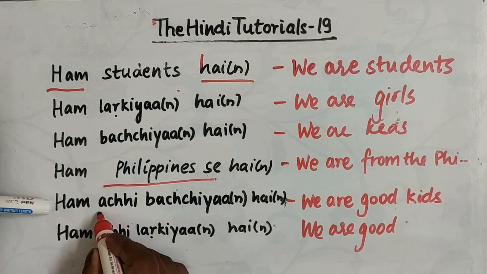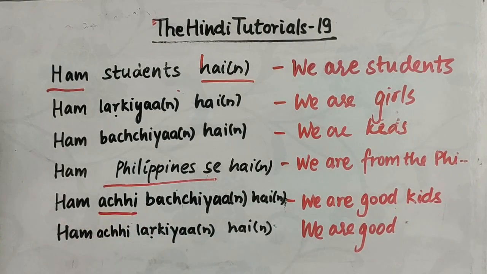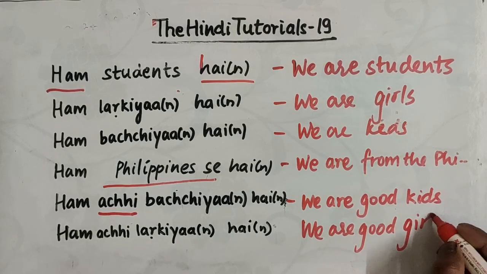You see, the adjective has changed from अच्छे to अच्छी. हम अच्छी बच्चियां हैं, we are good kids. हम अच्छी लड़कियां हैं, we are good girls.